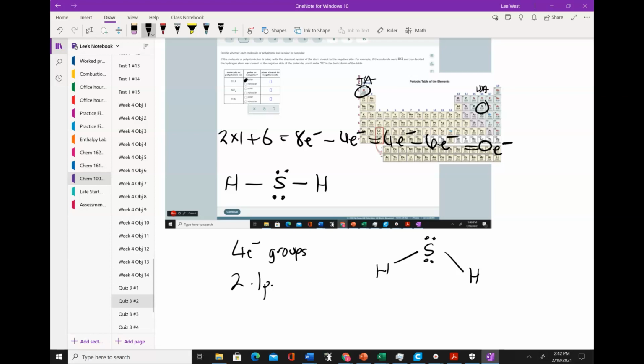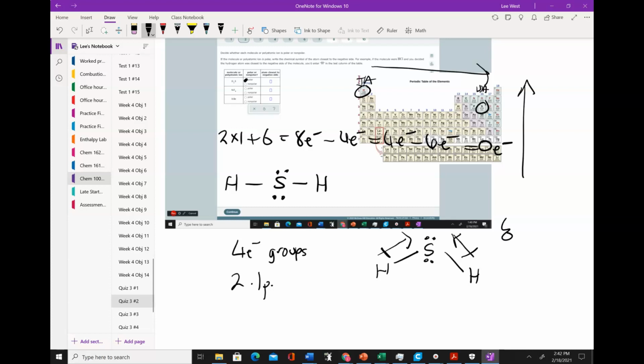Hydrogen is way over on the left of the periodic table and sulfur is way over on the right. We know that electronegativity increases towards the top of the periodic table and also towards the right. If you look up the values, you'd see that sulfur is far more electronegative than hydrogen. So all of the electrons are getting sucked towards the sulfur.